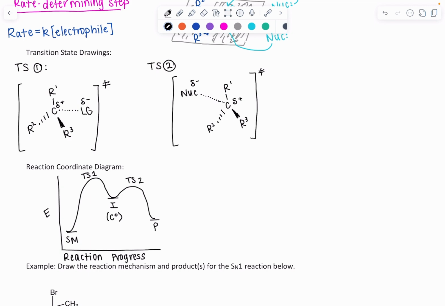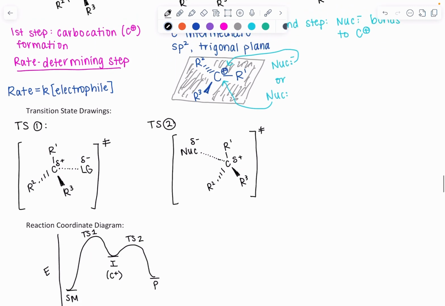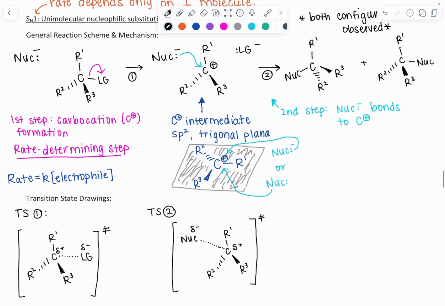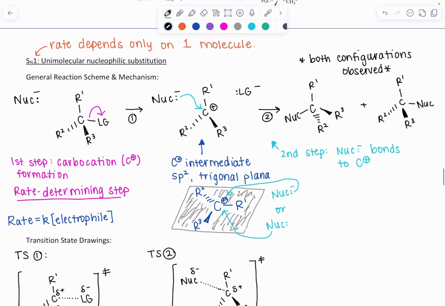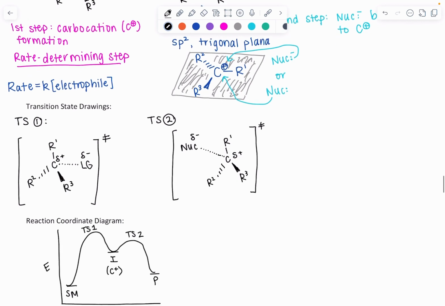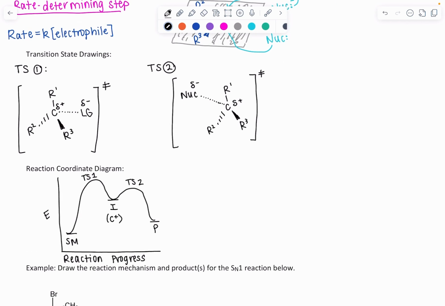That was intentional. We said, just going to scroll back real quick. Step 1 is the rate determining step. That will be the slowest step. That's the step with the highest energy transition state, the largest activation energy. So we can show that this is the rate determining step going from starting material to intermediate.